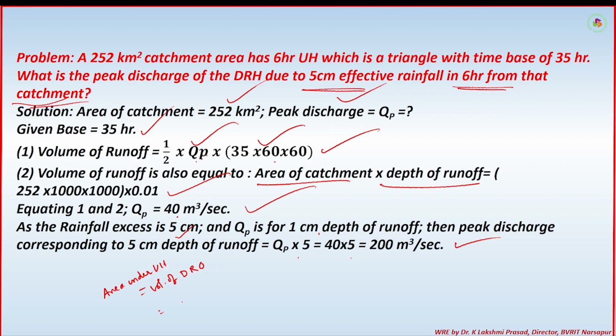The volume of direct runoff is also equal to the area of catchment into 1 centimeter, right? This is one equation, this is another equation. If you equate these two, you get whatever you want.